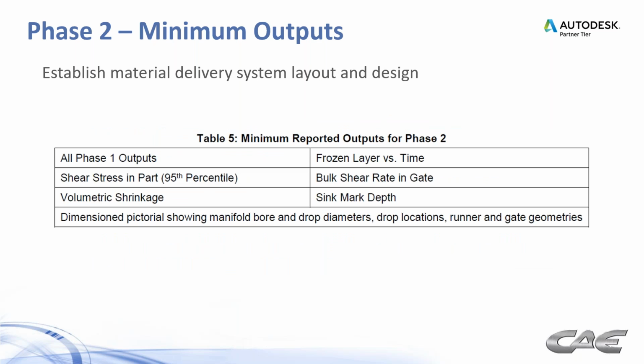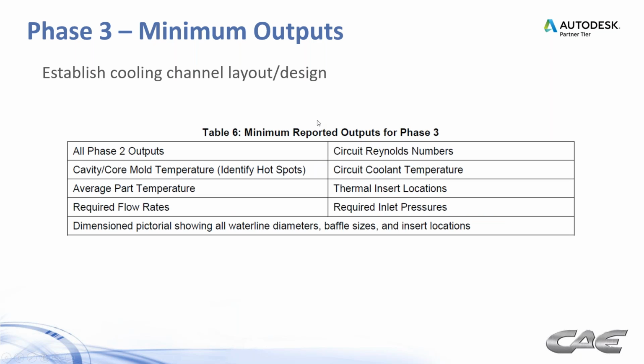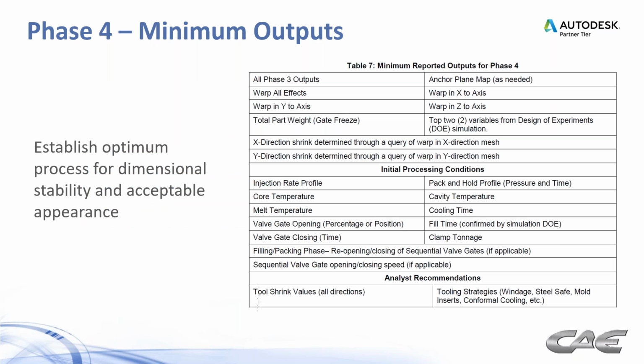Minimum outputs for phase 2, adding a few things. So it's everything that was in phase 1 plus this. Same with phase 3. Now we're adding more cooling type results. Phase 4, now we're getting into a lot more dimensional type results.